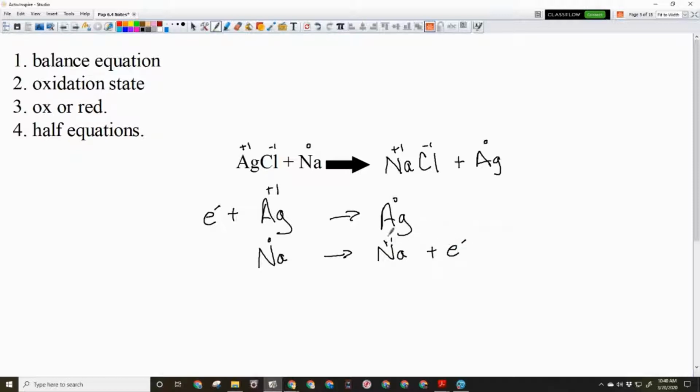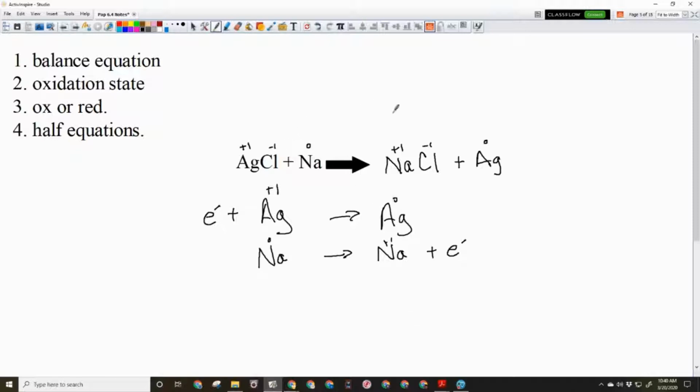Okay, I'm sorry, you have to add an electron to this side to get here. So if you look, these two sides equal. So we have sodium plus an electron here is equal to sodium 0. We have an electron on this side, and we have one electron on this side. So this balances out.